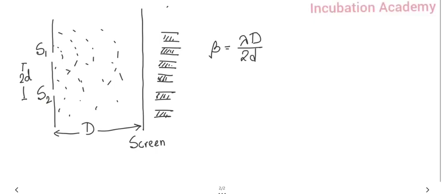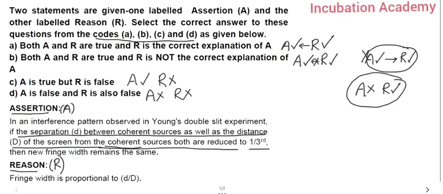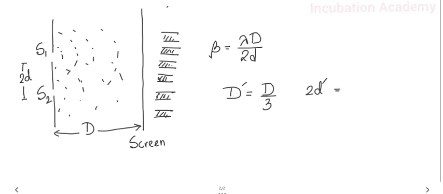Now in this particular question, the assertion says that the separation between the coherent sources as well as the distance capital D of the screen from the sources are both reduced to 1/3. So the distance between the slit and the screen becomes D by 3, and the separation between the two slits, 2d prime, is also reduced to 2d by 3.